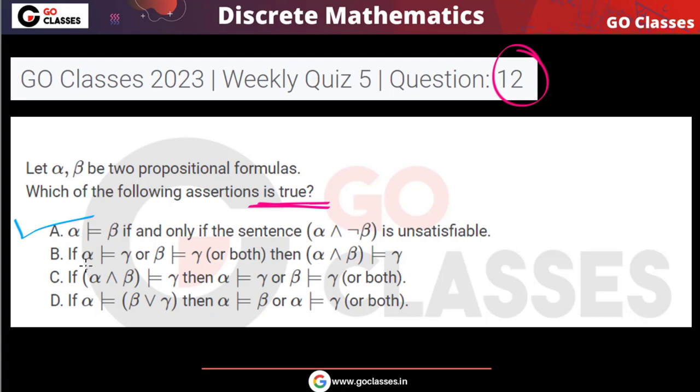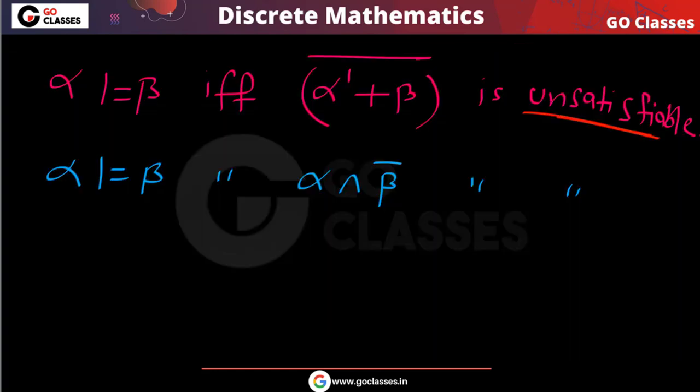What about option B? If alpha infers gamma or beta infers gamma or both, then alpha and beta infers gamma. Let's check whether this is correct or not.